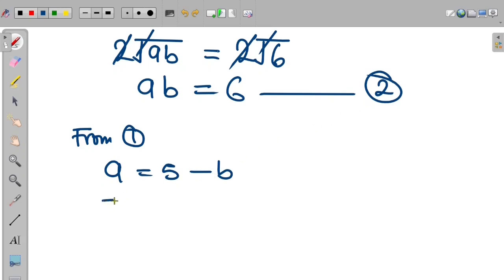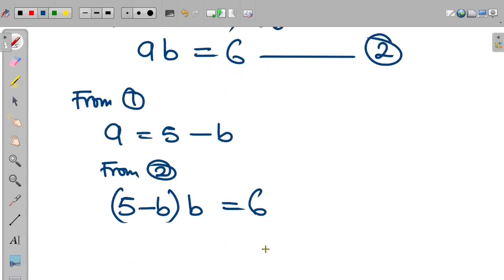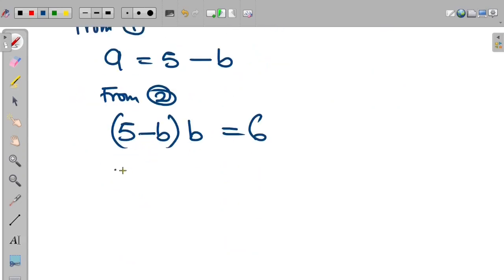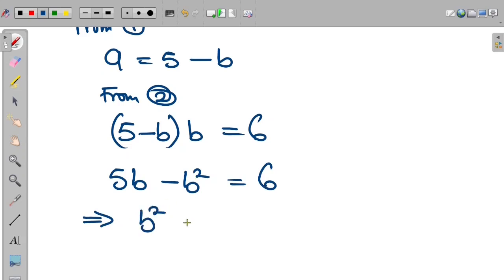So from 2, this becomes 5 minus B, multiplied by B, equal to 6. So 5 times B is 5B, minus B times B is minus B squared, equal to 6. If we rearrange, this becomes B squared minus 5B plus 6 equal to 0.